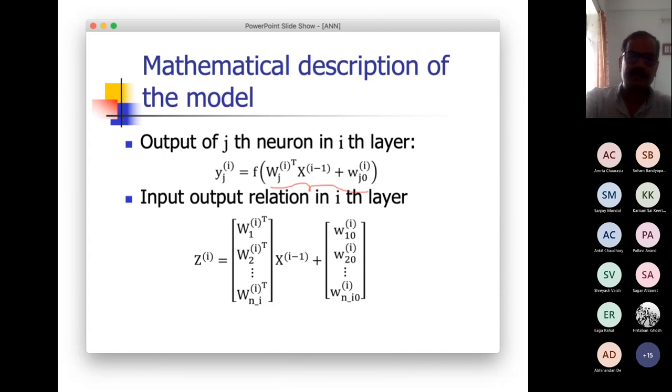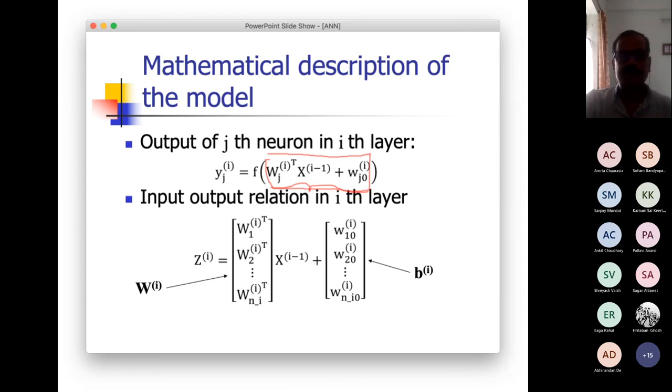This is basically expressing a vector of these values we are considering, that is the capital Zi. And then finally, we are applying the corresponding nonlinearity with this. So we write all these vectors in this form. This is the bias term, and these are the weight vectors.